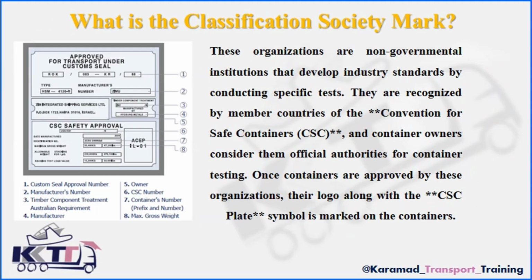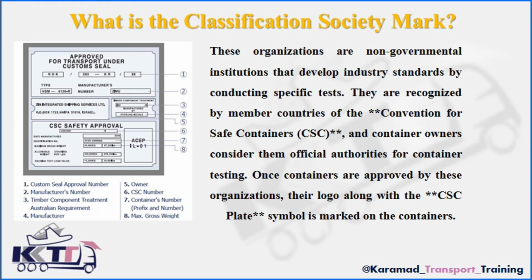accuracy. The Container Classification Organization is actually an organization made up of non-governmental institutions. They conduct a series of very specific and detailed tests in order to standardize containers according to international regulations and industry standards.